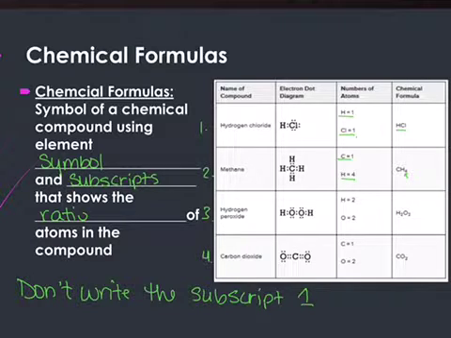We don't need to write a 1. Anything greater than 1 we will indicate. So hydrogen peroxide has 2 hydrogens and 2 oxygens for a formula of H2O2. And then carbon dioxide has 1 carbon and 2 oxygens for a formula of CO2. If you look at carbon dioxide's dot diagram, you're going to notice these 2 locations have 4 electrons being shared there. And that's something we call a double bond. And we'll talk about that in a couple more videos.